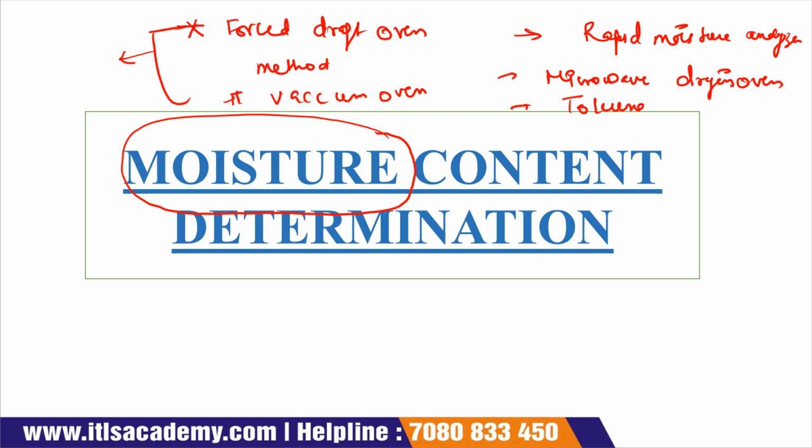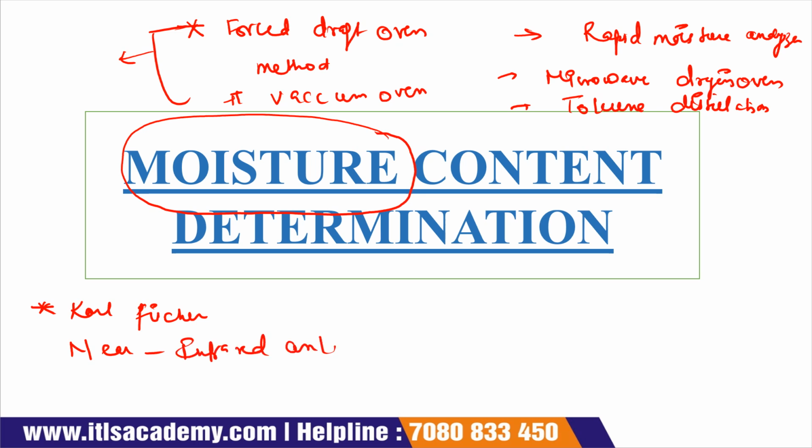These three methods will be discussed today, and after the next class, we will discuss the Karl Fischer method and the near infrared analyzer. This will be discussed in the next class.